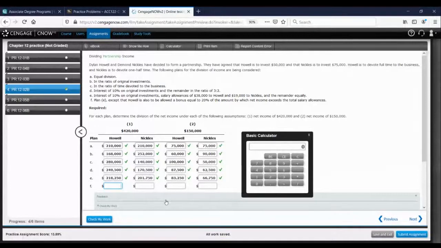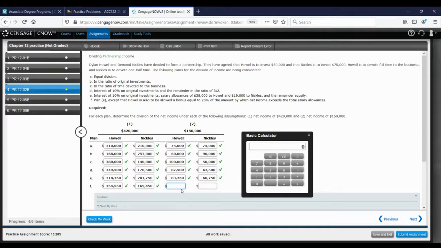For F, from the spreadsheet, we determined that $254,550 would go to Hal, out of the $420,000, and $165,450 would go to Nichols.